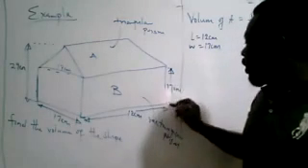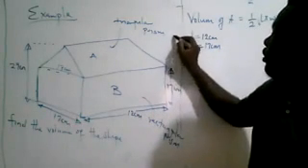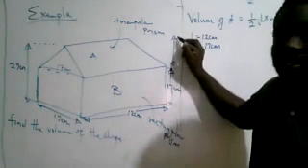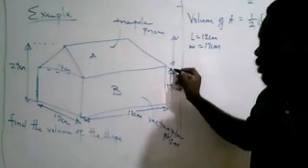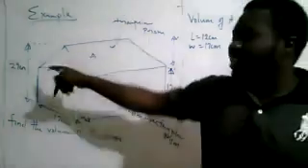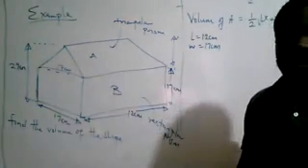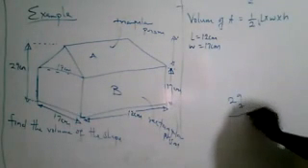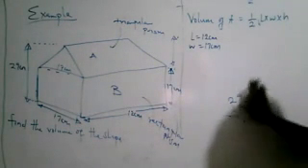Meaning that from here to here is 17, and the whole is 29. So if you remove 17 from 29, that will be 12. So the height from this point to this point is 12 centimeters. Are you following me? Since from here to here is 17, from here to here will be 12.